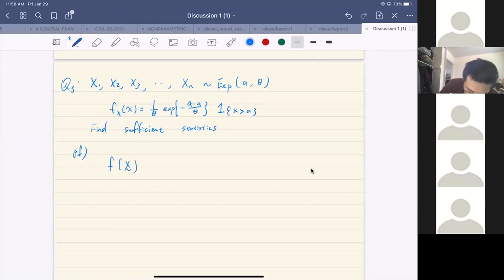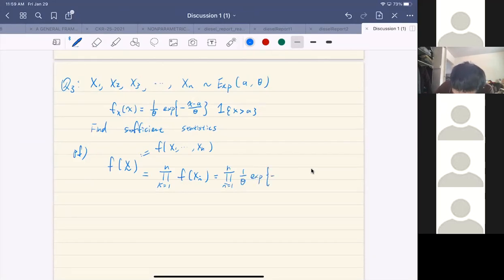So this is equal to the product of densities, and this is equal to 1 over theta exponential of negative si minus a divided by theta, and the indicator function si greater than a.